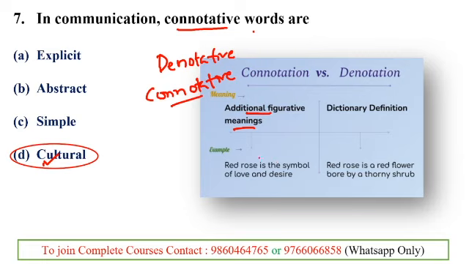But in books or other journals or other media, the red rose is not a symbol of love and desire, it is just a red flower with a thorny shrub, or with thorns.